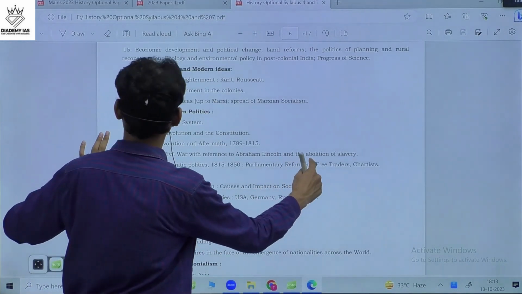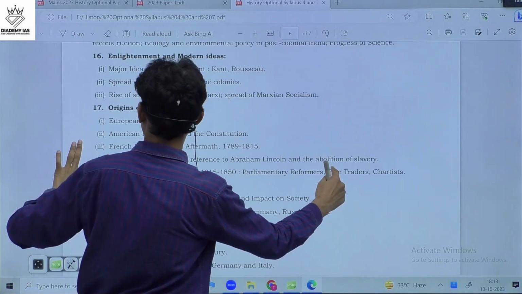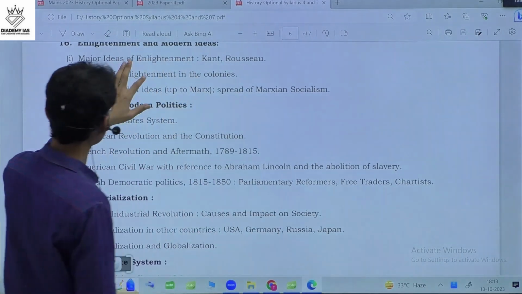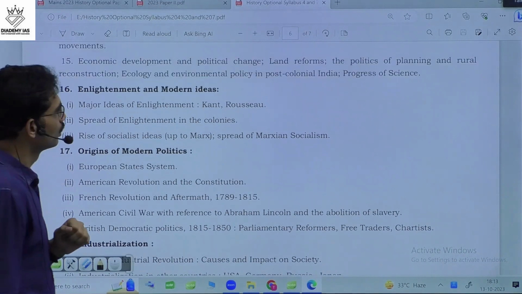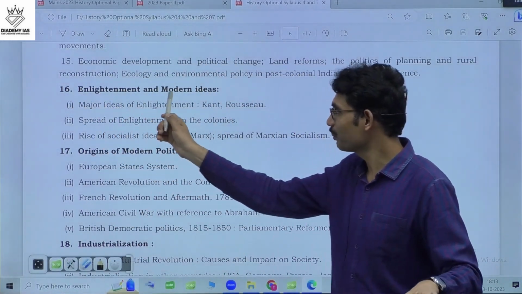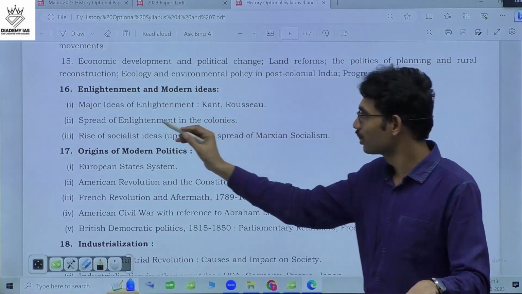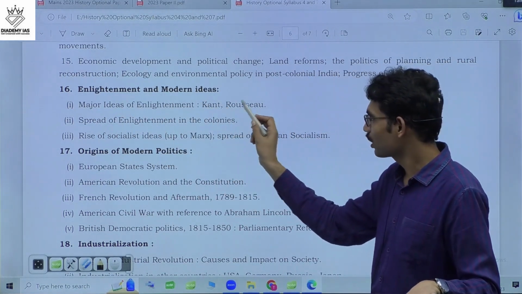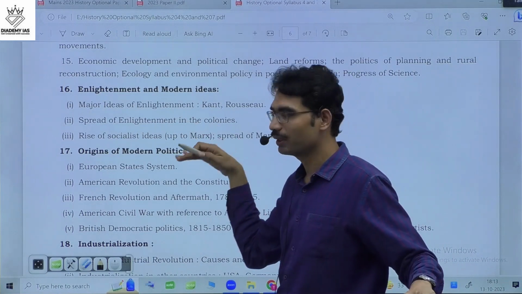You can see here, in paper 2, from unit number 16, Enlightenment and Modern Ideas. Major ideas of the Enlightenment, and the spread of Enlightenment in the colonies.